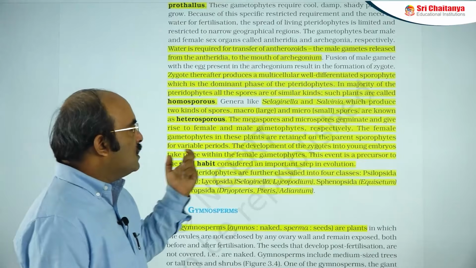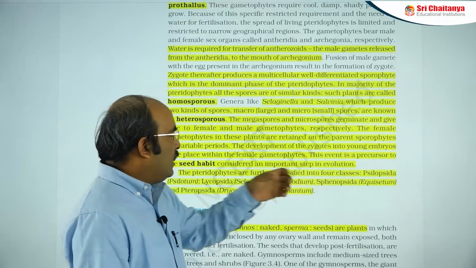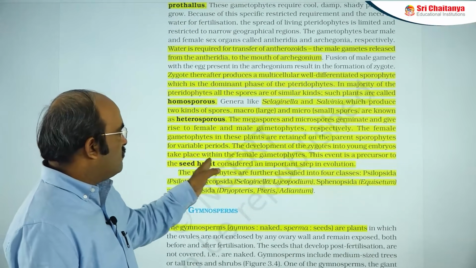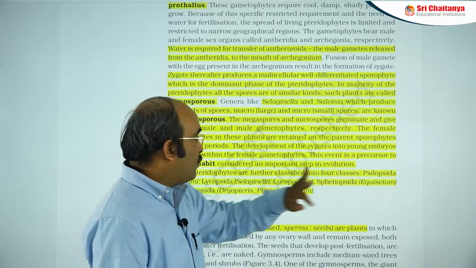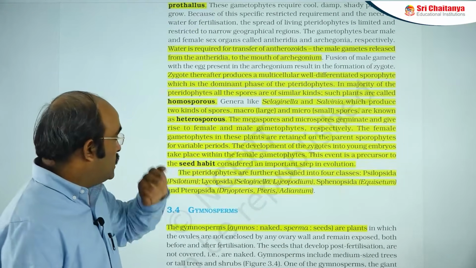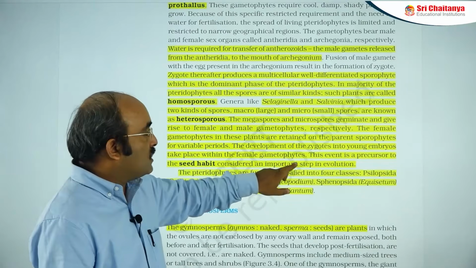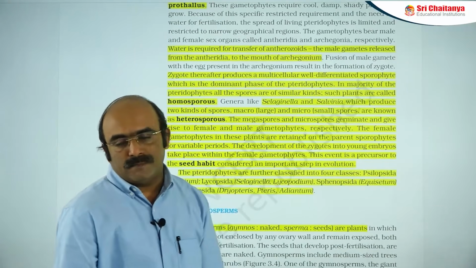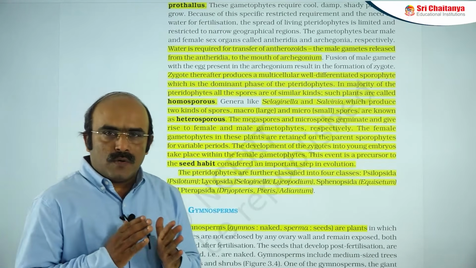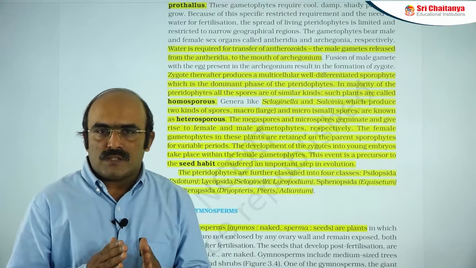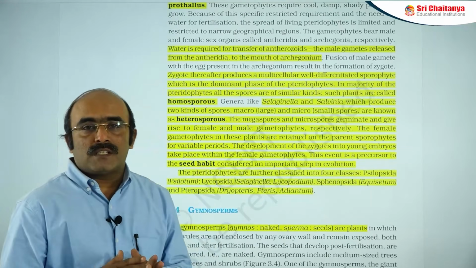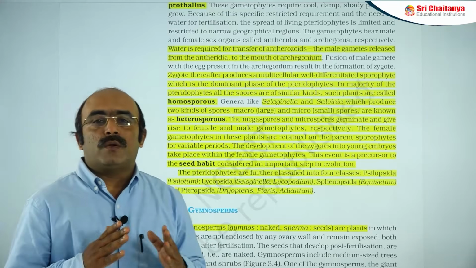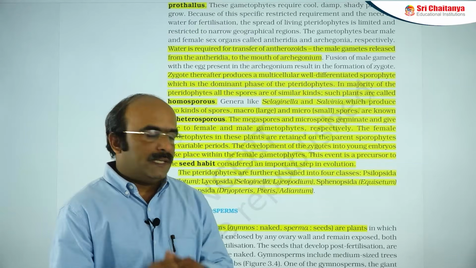The reason is that the development of the zygote into young embryos takes place within the female gametophytes. This event is a precursor for seed habit, considered an important step in evolution. So, heterosporous pteridophytes show precursors for seed habit, but pteridophytes do not show seeds. They show a precursor for seed habit, and that too heterosporous pteridophytes only.